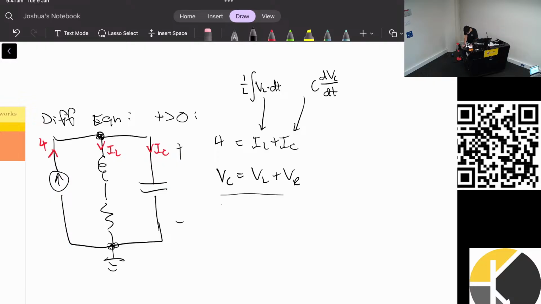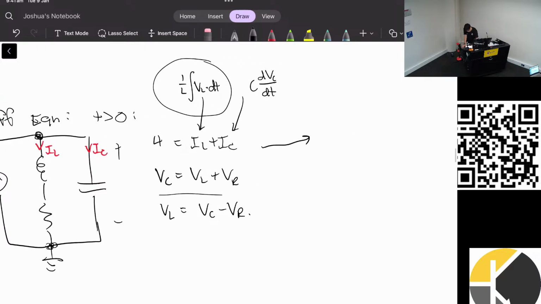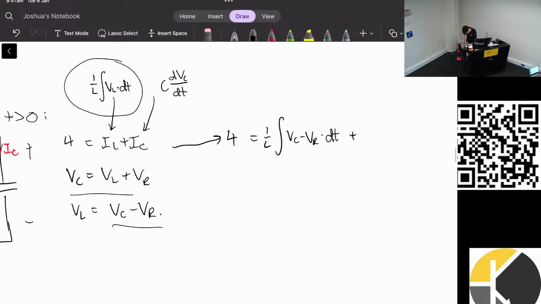So I can find the relationship of VL as VC minus VR, and I can sub that into this one here. So I'll rewrite it. So we have 4 equals 1 on L, integral of, I'm going to replace VL with VC minus VR, dt plus C dVC on dt. Great. So now we have an equation all in terms of voltages, which is great.